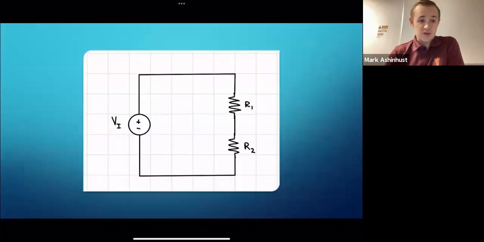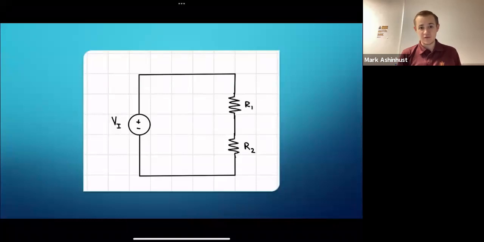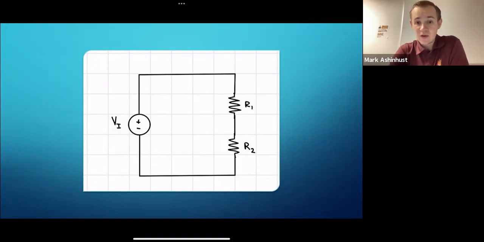So considering this circuit here, this is going to be just a plain voltage divider. We have a voltage source of VI in series with two resistances, R1 and R2. So in this voltage divider, we can get a voltage across resistor R1. We could get one across R2.